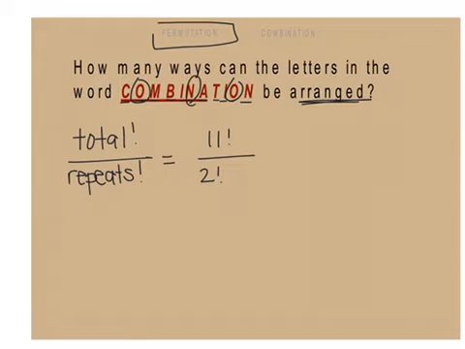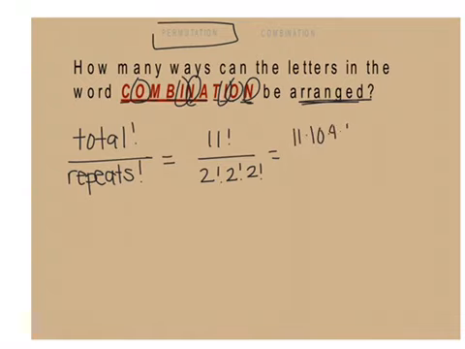I have the N's that repeat, so I have 2 of those, so I have 2 factorial there. And I have the I's that repeat. So I have 2 of those, so I have another 2 factorial there. So when we do this, remember 11 factorial is 11, 10, 9, 8, all the way down to 1. And then 2, 1, 2, 1, 2, 1 on the bottom, because you have to write out each of those different factorials.